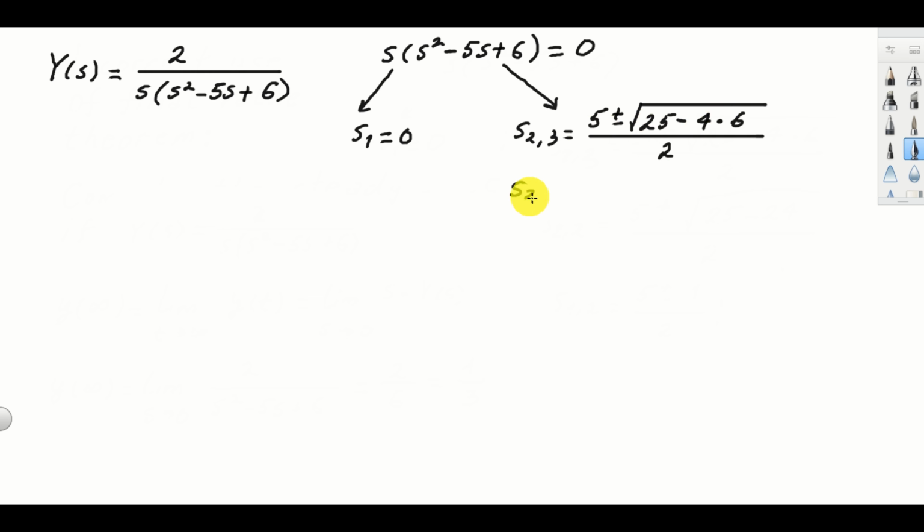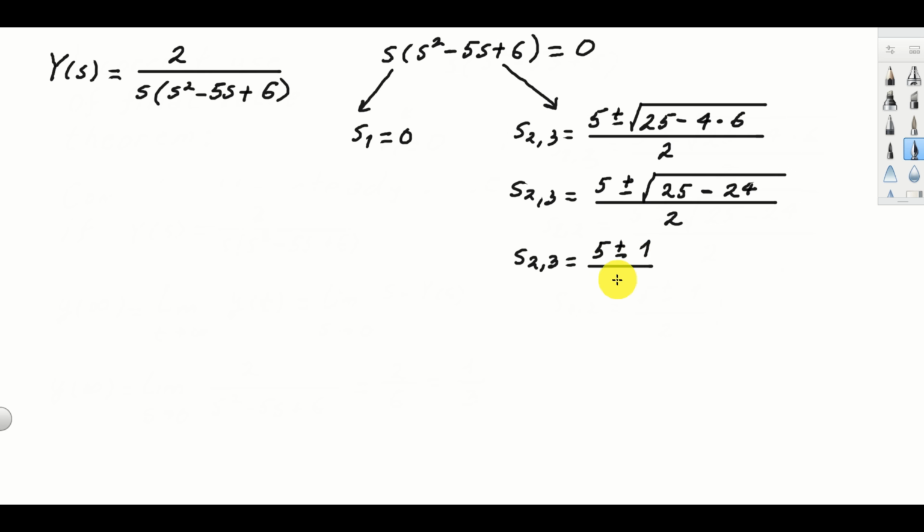So s2,3 are 5 plus or minus the square root of 25 minus 24, divided by 2, which becomes 5 plus or minus 1 divided by 2. Consequently, s2 is 5 minus 1 divided by 2, that's 4 divided by 2, which is 2, and s3 is 5 plus 1 divided by 2, which is 3.